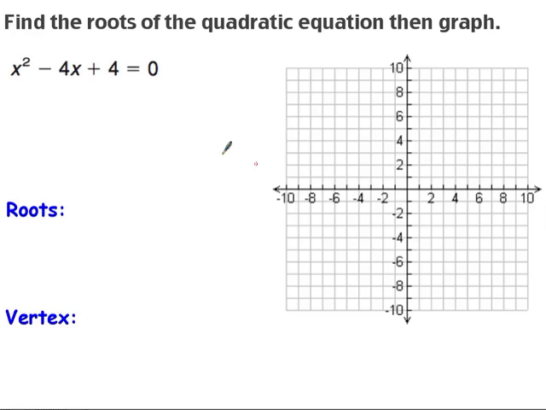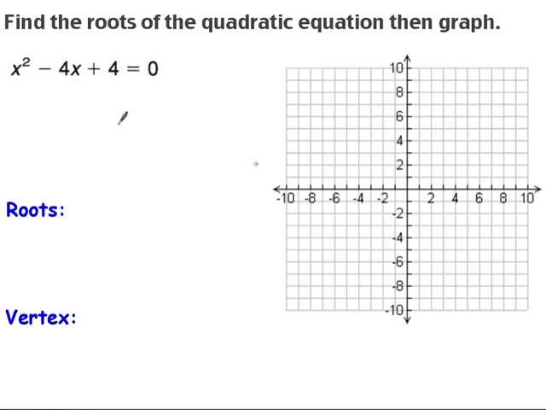Also, rarely, sometimes they call them the solution. So whenever you hear those three terms, a solution to the quadratic equation, or roots, or zeros, then they're talking about the same thing. So let's go ahead and look at the example we have right here.